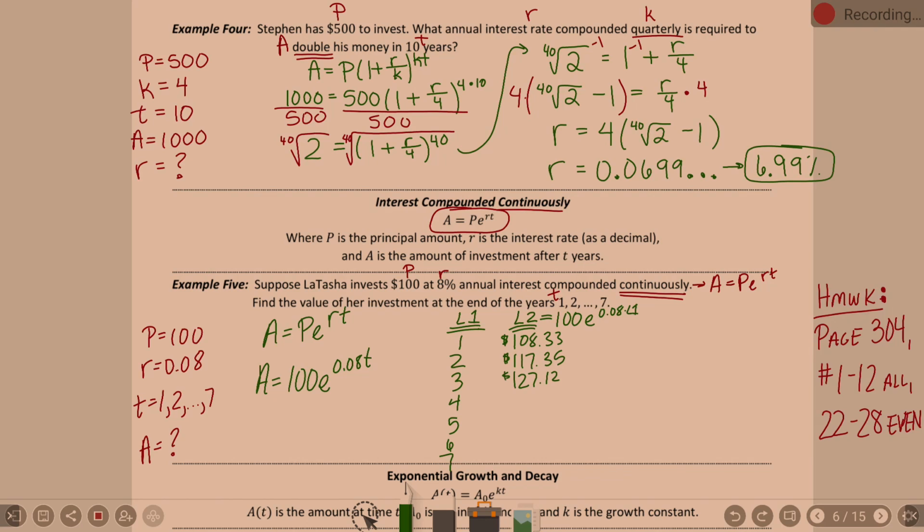Then 127.12, 137.71, 149.18, 161.61, and 175.07.